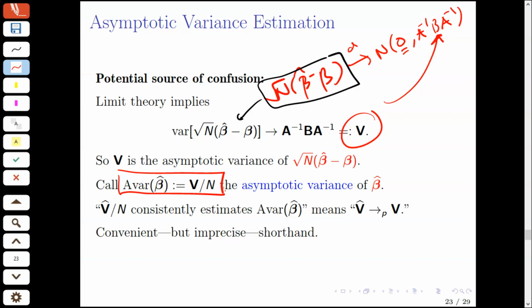This may be a bit confusing because given our result of consistency of the OLS estimator, we know that in the limit, the OLS estimator collapses to beta, which is non-stochastic, hence has zero variance.